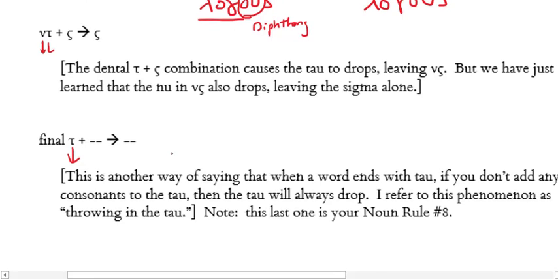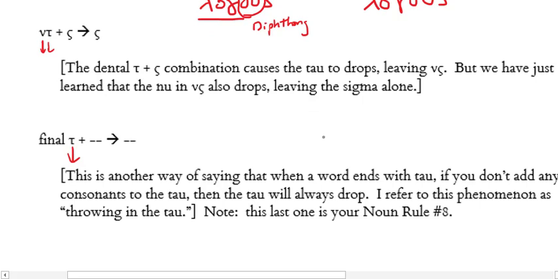Okay? And this is what happens with soma's neighbor, anima. Because anima really is animat, right? What's my neuter case ending? It's nothing, which means the tau stands by itself. And what do I do? I throw in the tau in the nominative, and so it's anima.